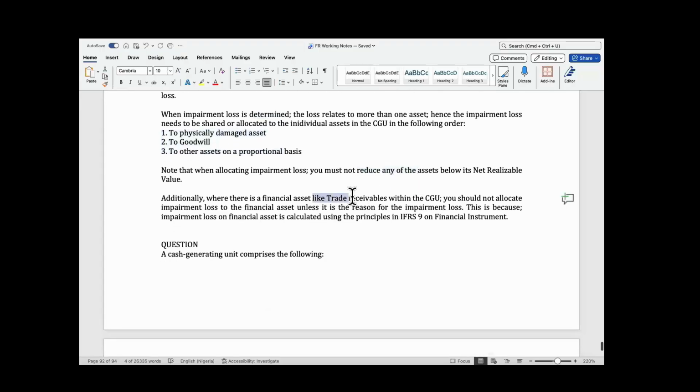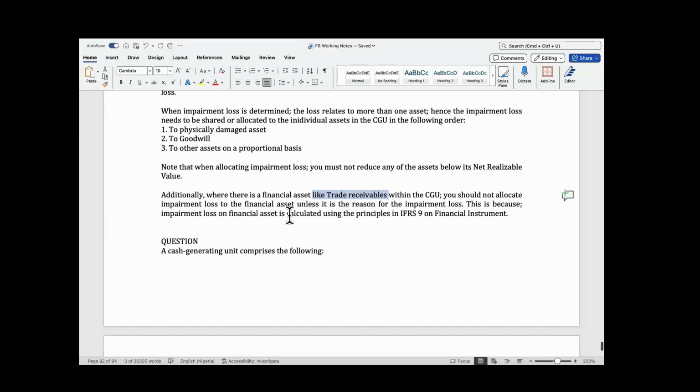And when there are trade receivables within the CGU, don't allocate to them, except where this is the reason for the impairment, because impairment loss on financial assets is calculated using the principles in IFRS 9. Before I end, there is reversal of impairment loss.